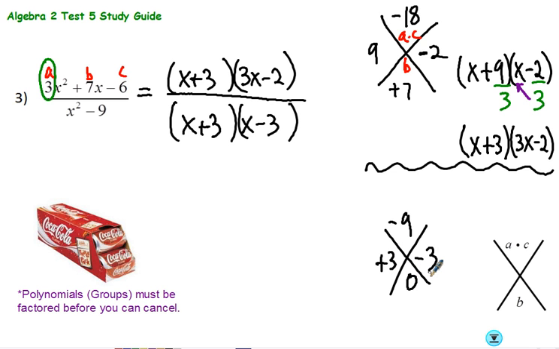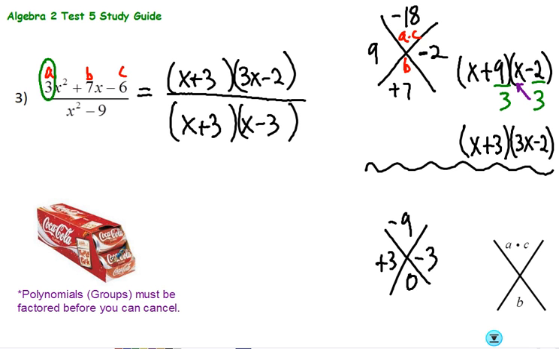So two numbers that multiply to negative 9 that add up to 0 would be positive 3 and negative 3. When you divide by a on this one, the a is 1, so the numbers stay the same. The a was bigger than 1 there, so that's why we had to do the divide and slide it. Now the last part of this is you're looking to cancel.